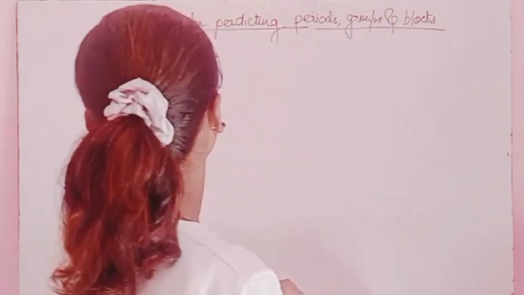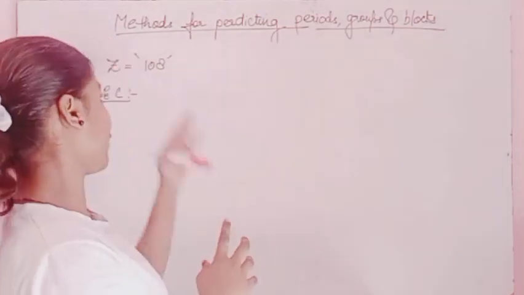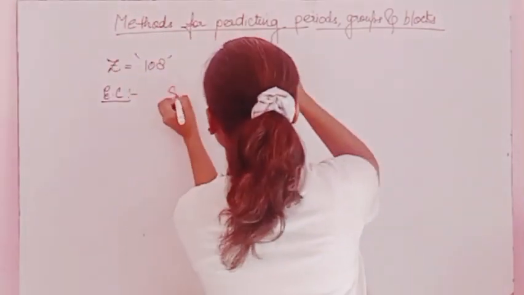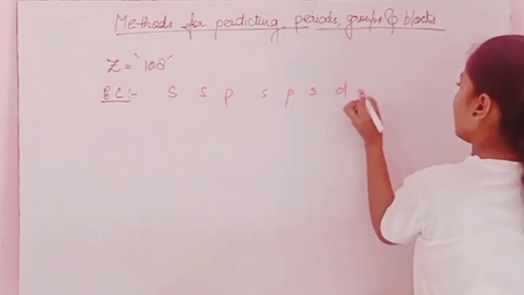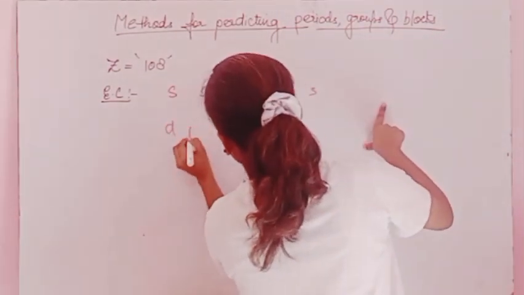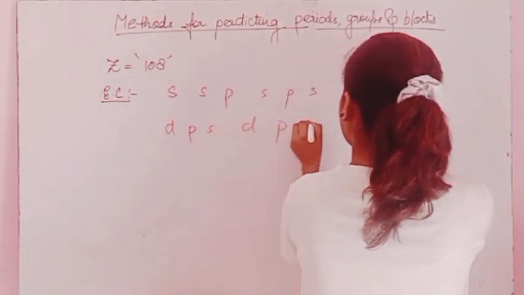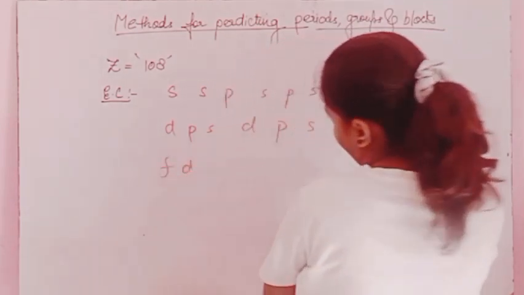I'm happy to see that you have started writing the electronic configuration for 108 by the method of s, s, p, s, d, p, s, d, p, s, f, d, p, s and so on.